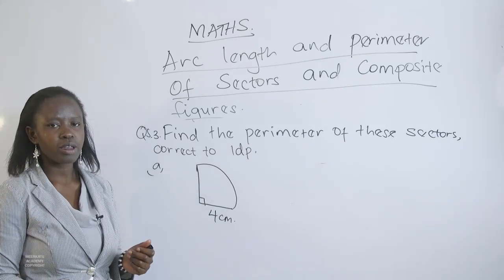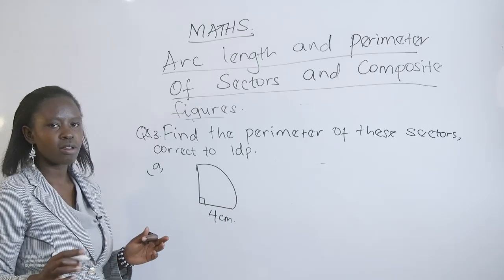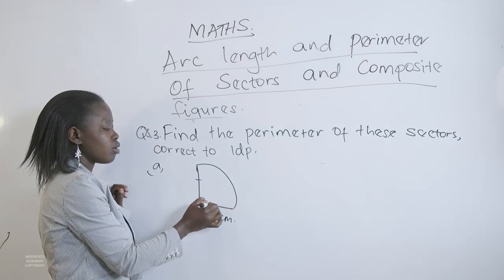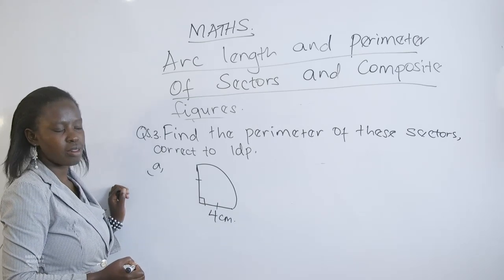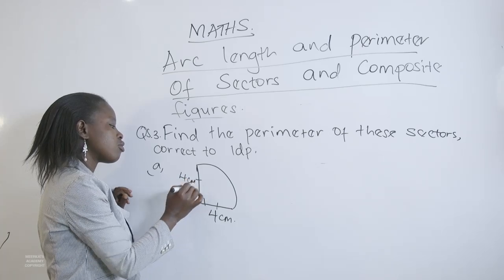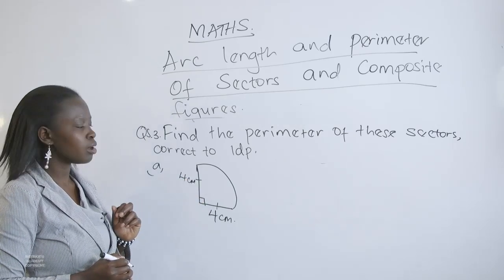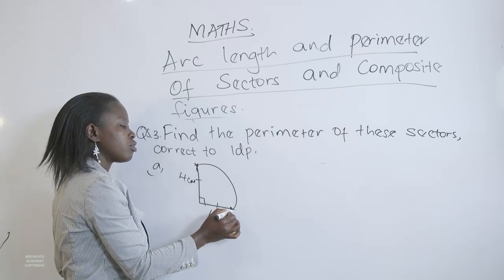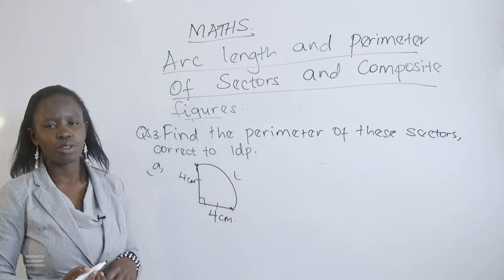We simply said that perimeter is the distance round the given figure. So this is a radius of a circle, meaning this side and the other side are equal. If this is 4 centimeters, this one is also 4 centimeters because they are radii. Then from this point to this point is our length of the arc.